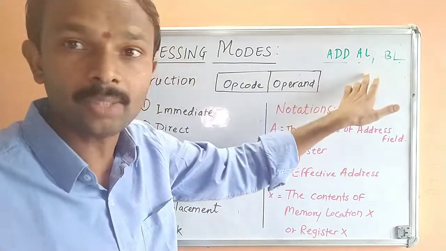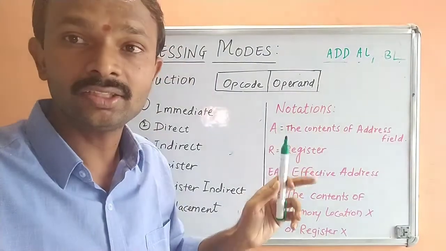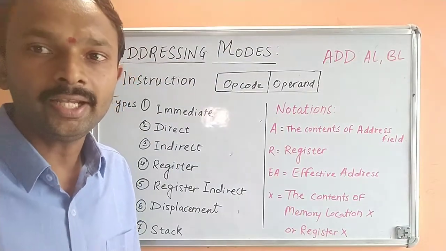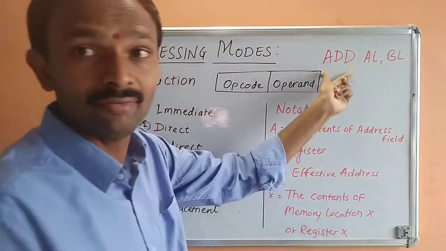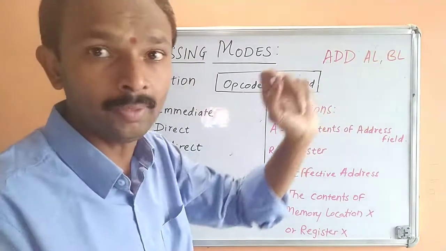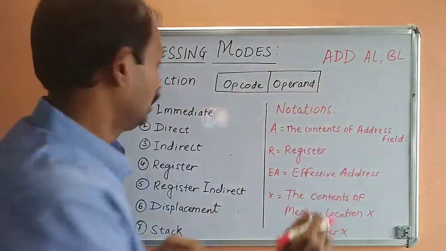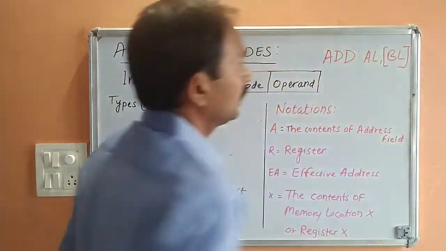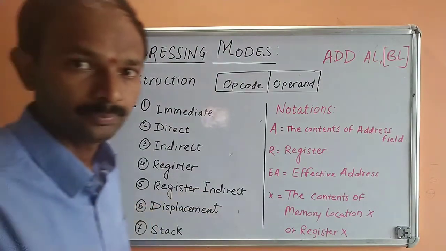AL is a register, BL is also a register. Then there is register indirect addressing mode. Here I have the instruction ADD AL, BL, where these registers are normally specified. Now if one of the registers is specified indirectly, it can be considered as register indirect addressing mode.